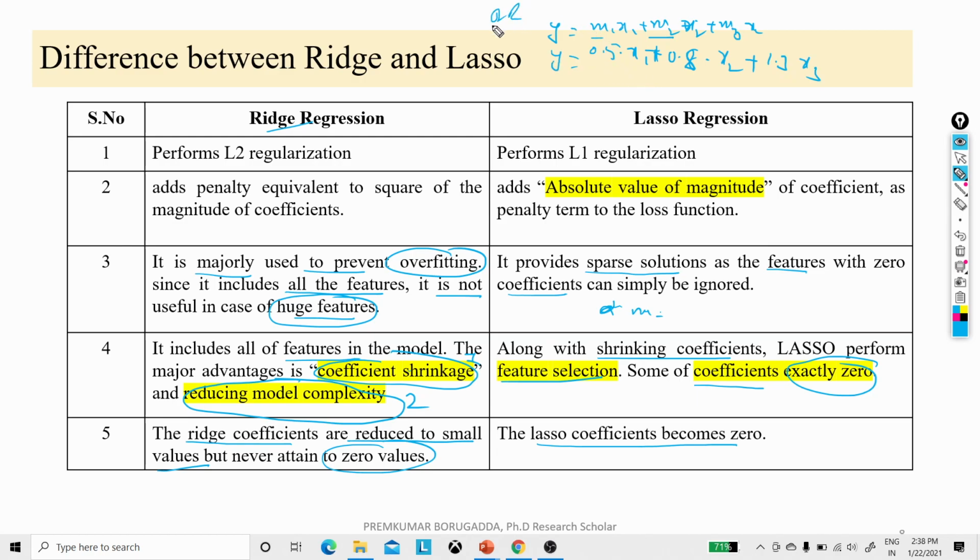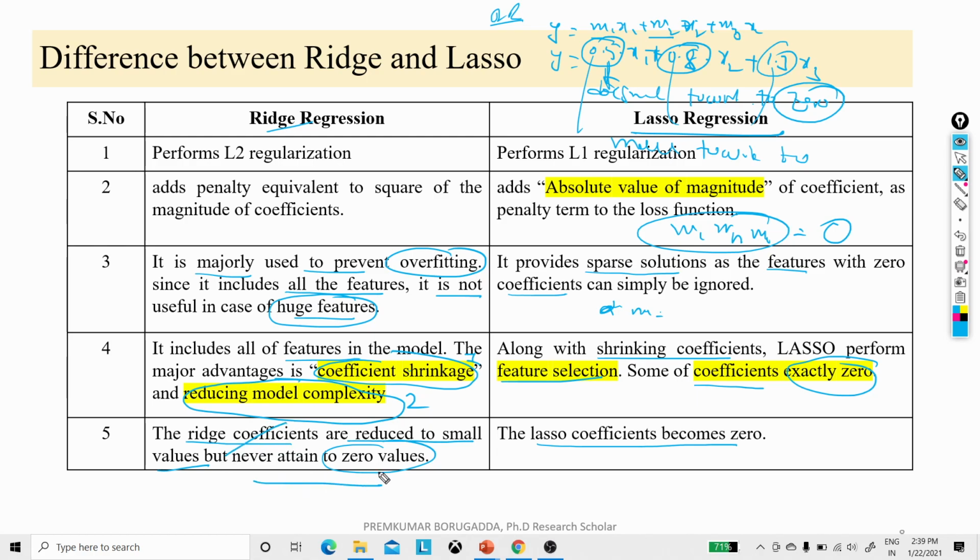When I apply ridge regression, the m1, m2 and m3 values move towards small values, towards 0, but not 0. When you come to lasso regression, the coefficients move towards 0, and may become exactly 0. That is the main difference between ridge regression and lasso regression.